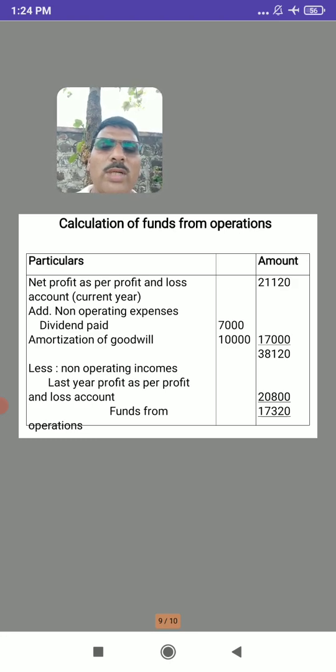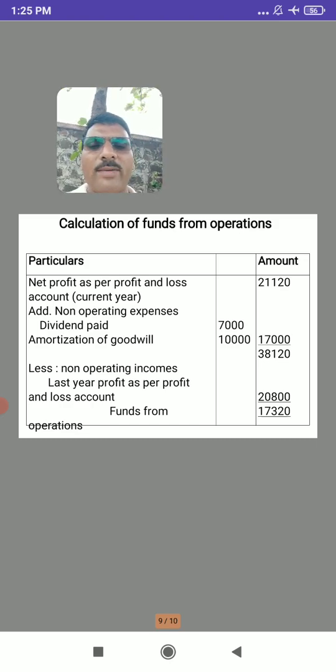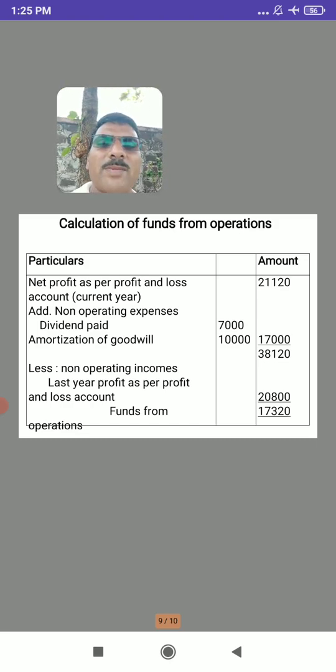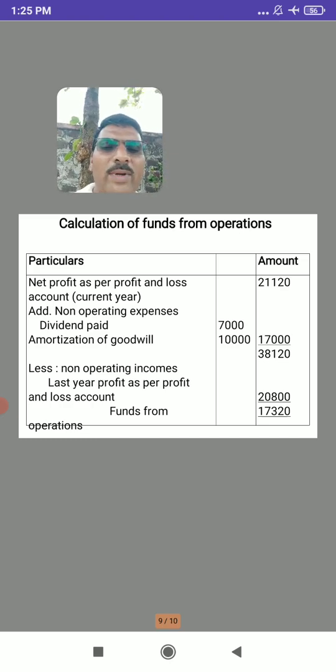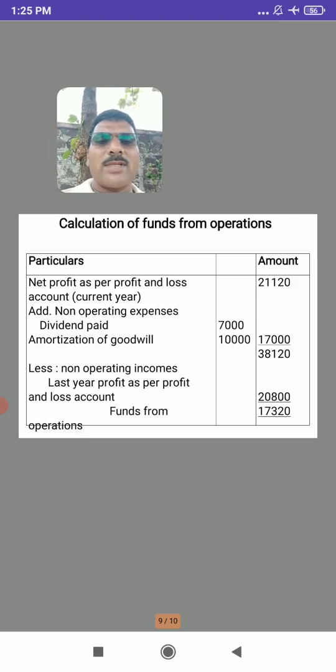From the total of 38,120, now it is time to deduct non-operating incomes. Here non-operating incomes are not given, only the last year profit as per P&L account is given, that is 20,800. When we deduct 20,800 from 38,120, we get rupees 17,320 as balance, and this balance is known as funds from operation.